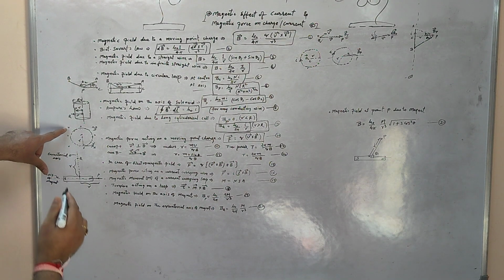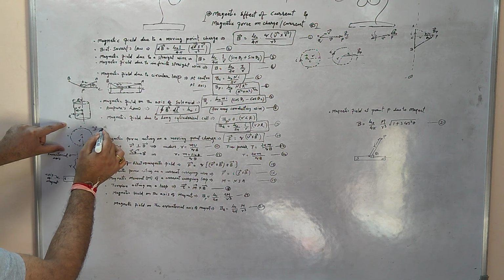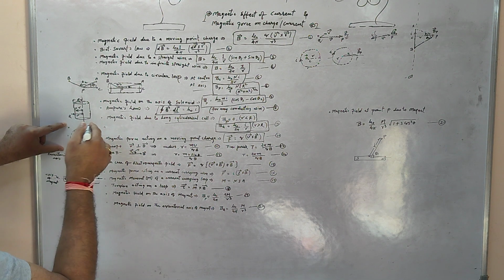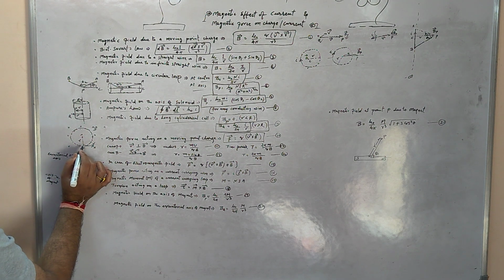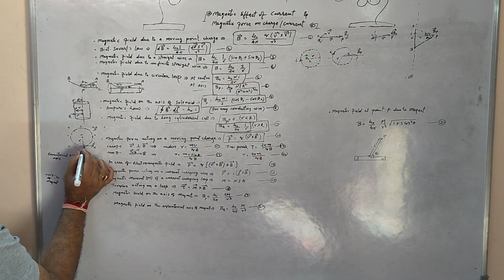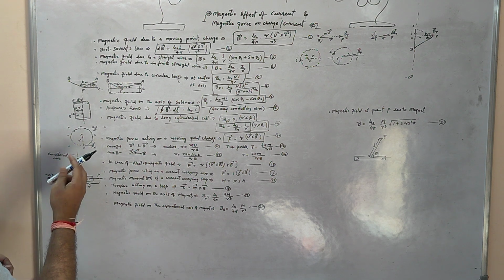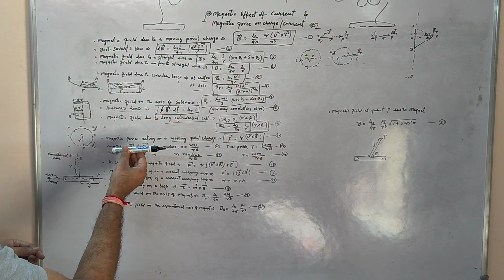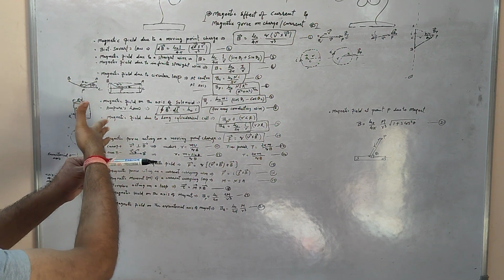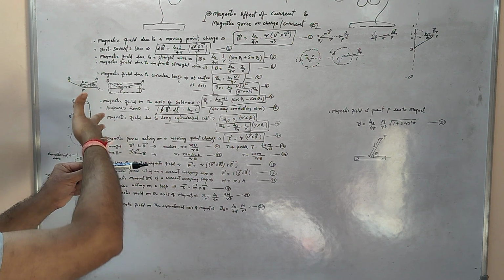Now see, here we have shown the magnetic field, the cross sign shows inside the plane, and here we have a point charge q that is moving with velocity in this direction, let's say x axis. So here the point charge is moving with velocity v that is perpendicular to the magnetic field that is going inside the plane.